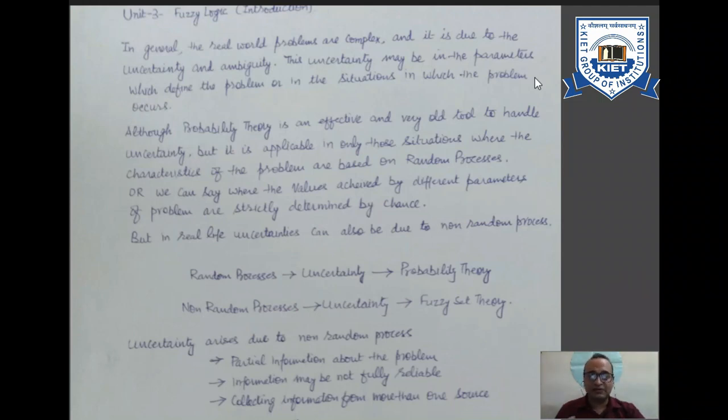In this entire theory, in this entire journey, we will be discussing only these two things. One is the classical set, or rather the crisp set, where the boundaries are sharp and we are very certain, very definite, and we can easily determine the boundaries of the set. We can easily tell which elements will come under the boundaries of the set and which will not be accommodated by the set.